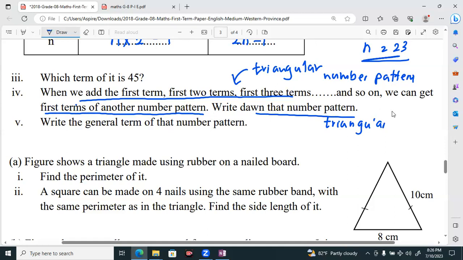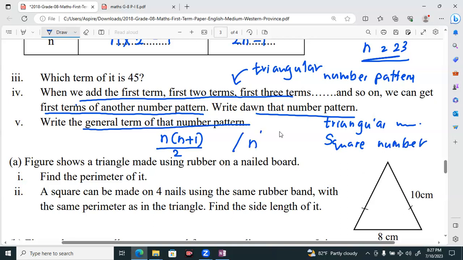Anyone who wrote triangular number pattern must write the general term correctly. The general term of a triangular number pattern is n times n plus 1 over 2. If you have written square number pattern, then you have to write the general term of the square number pattern, n squared. Okay.